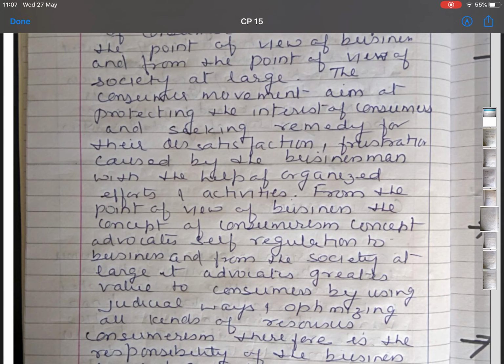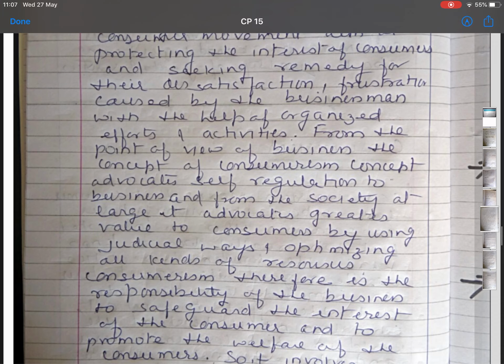So from the point of view of business, the concept of consumerism advocates self-regulation. And from society at large, it advocates greater value to consumers by using judicial ways and optimizing all kinds of natural resources.